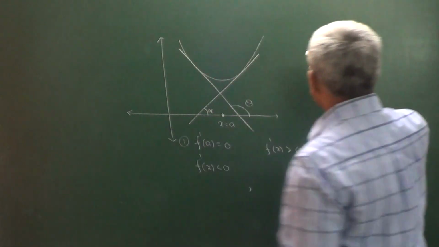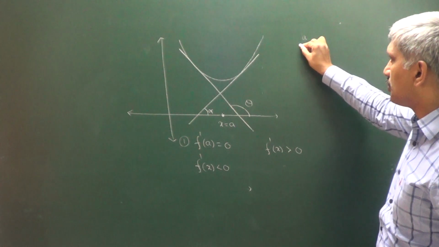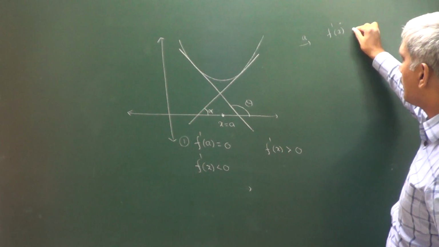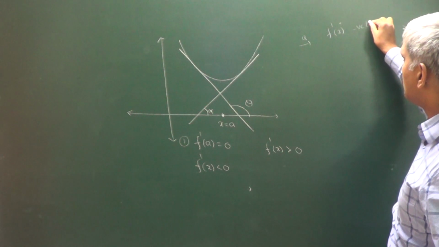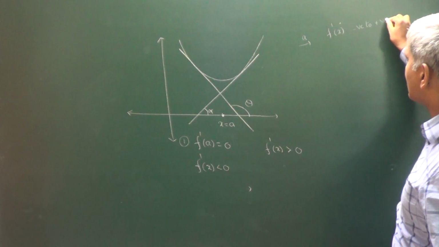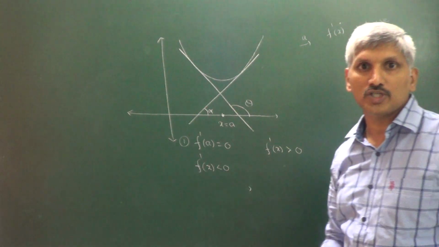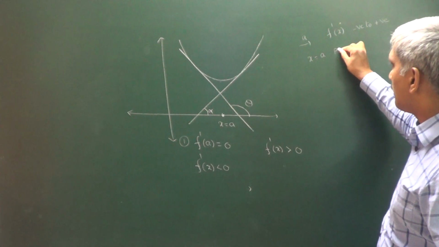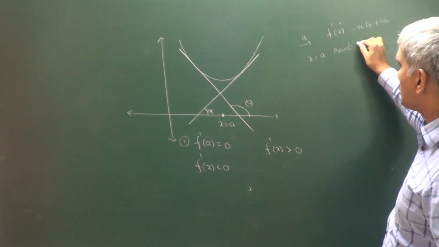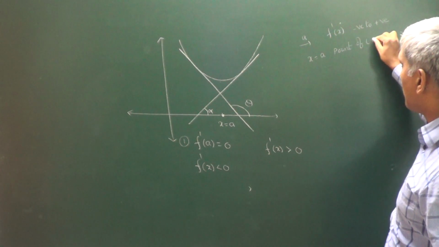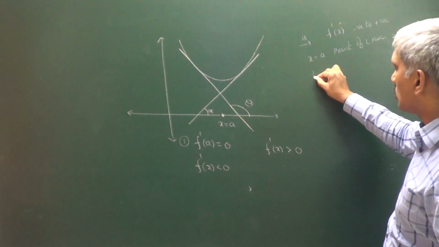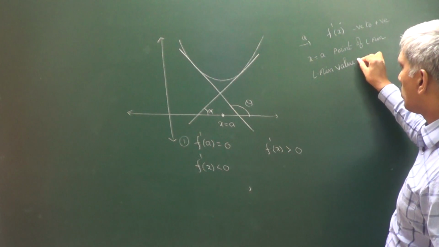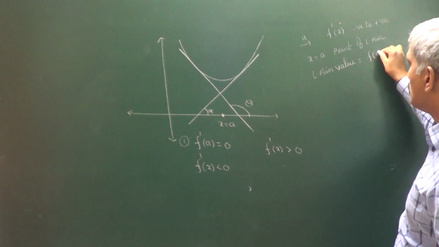Once again, as x values are increasing through a, f dash of x changes its sign from negative to positive. Then x is equal to a is a point of local minima, and that local minimum value is equal to f of a.